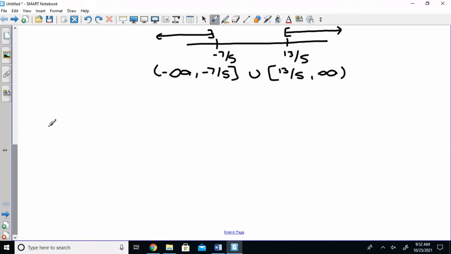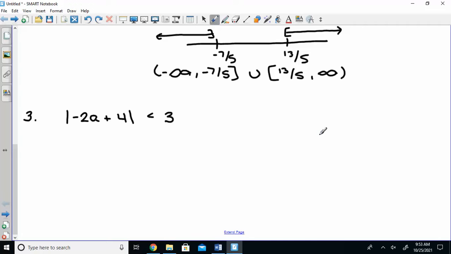The third absolute value type problem we had was something like this. So the absolute value is already by itself.